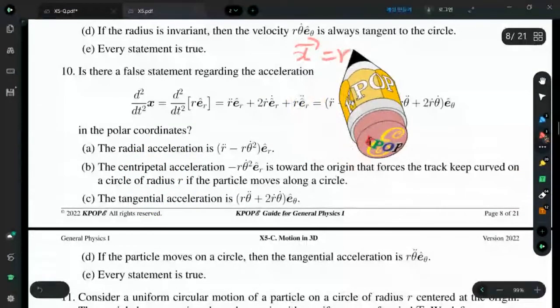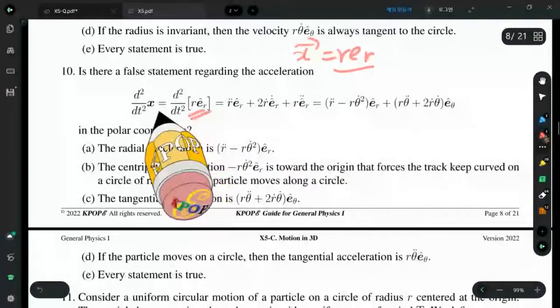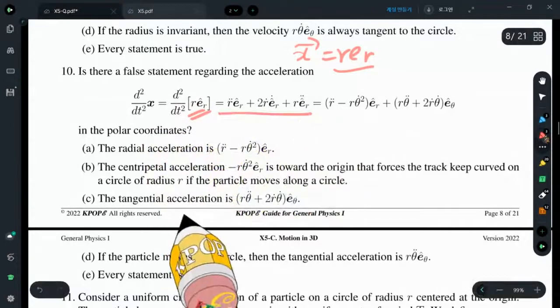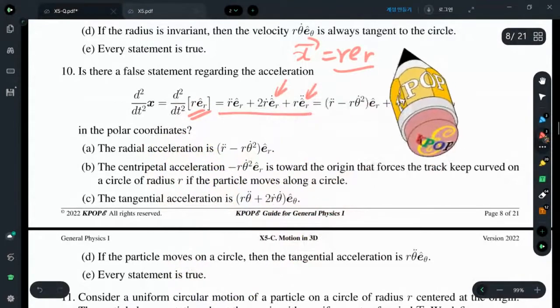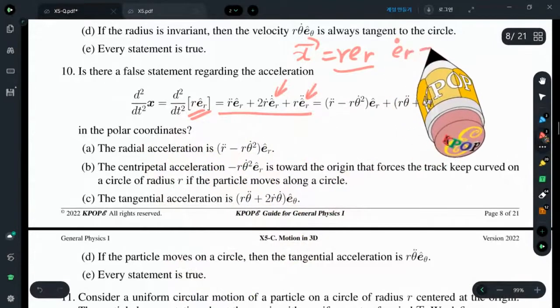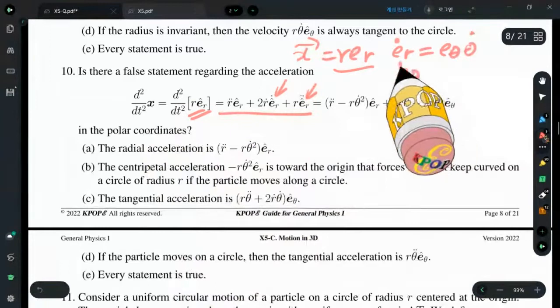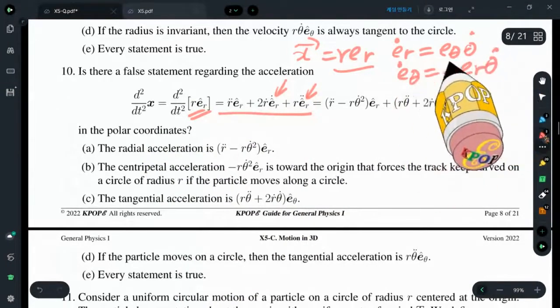x equals r e_r here. And if I take the time derivative twice, I have this result. And e_r dot equals e_theta theta dot, e_theta dot equals minus e_r theta dot.